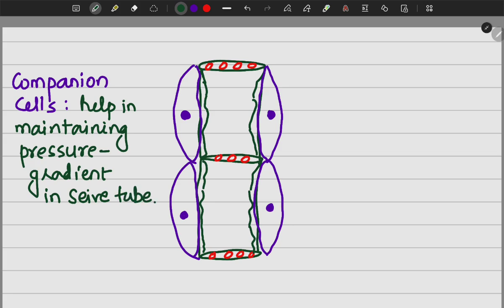So what happens whenever there is conduction of food through these sieve tubes, that might generate pressure against the walls of the sieve tubes. So that pressure is maintained by the companion cells.